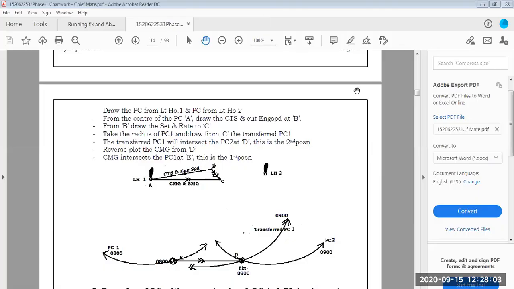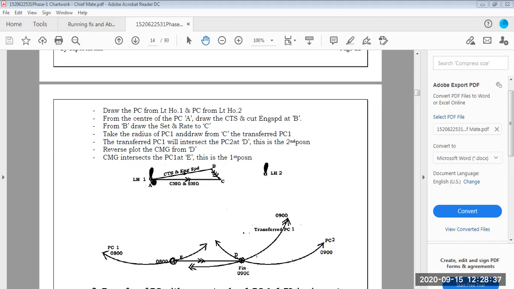So we go to our case number 7, where we have two position circles. We have position circle 1 from lighthouse 1, we draw that, and we have position circle 2 from lighthouse 2, we draw that. Now we cannot assume any point on position circle 1, because it will be a little difficult.